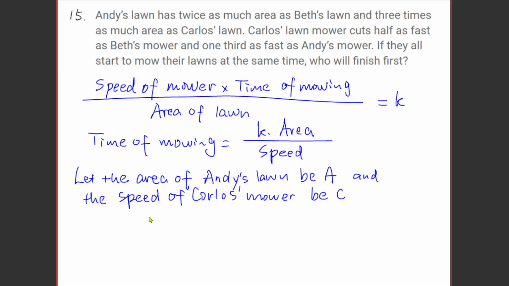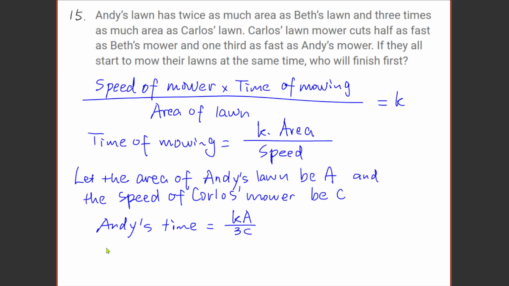The area of his lawn is a, so the time it takes him to mow is, okay, so for Andy, time is k times a over 3c. Let's keep it there.